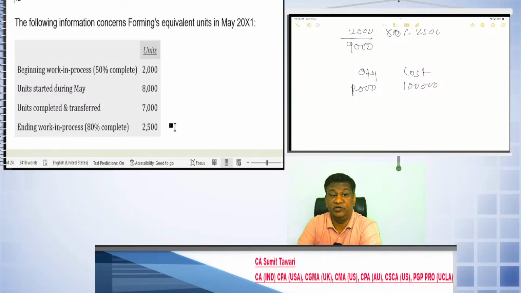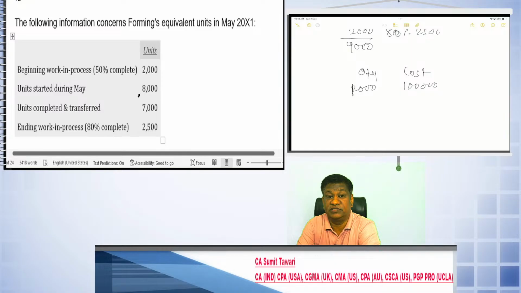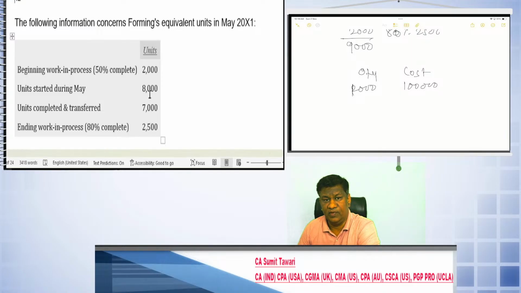And the fresh introduction is basically units started during May, which is 8,000.